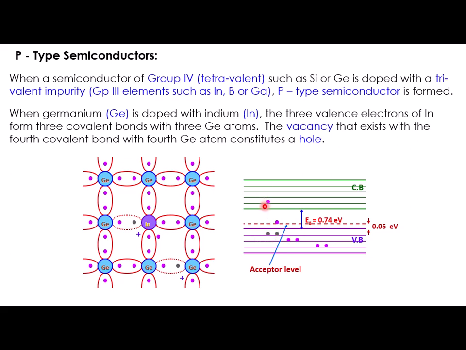This electron and this corresponding hole are called intrinsically generated charge carriers, and this other hole is known as the hole given by this acceptor atom. So, this hole is given by the acceptor atom, and this hole is generated intrinsically by excitation of an electron from the valence band to the conduction band.